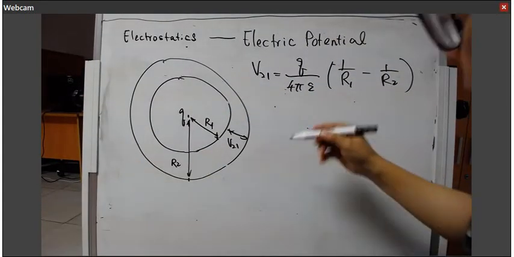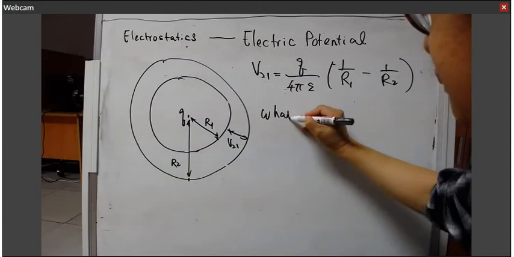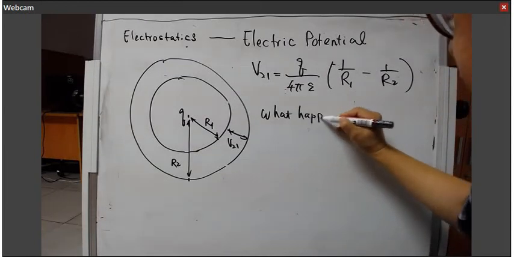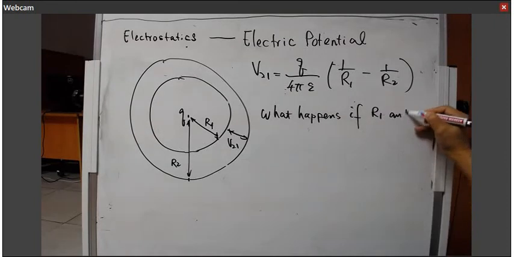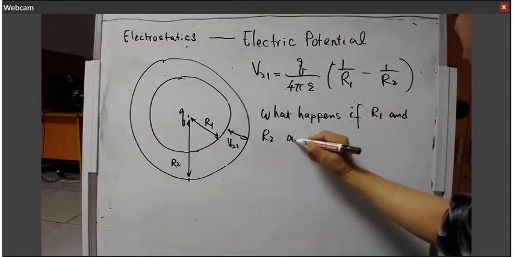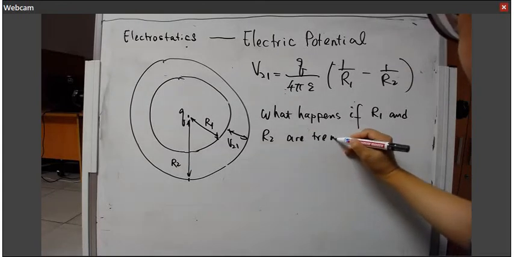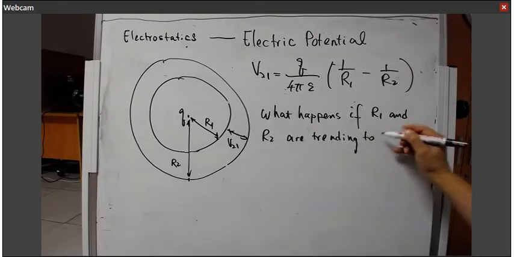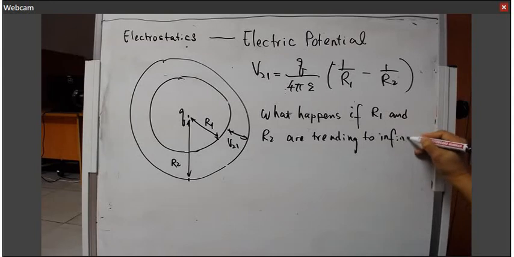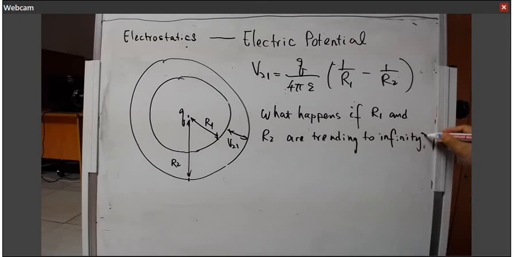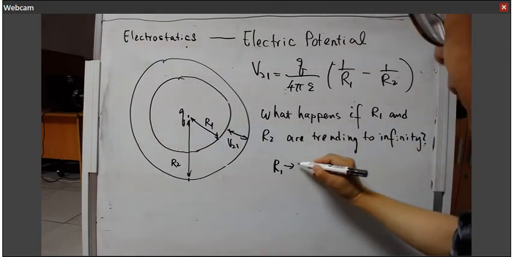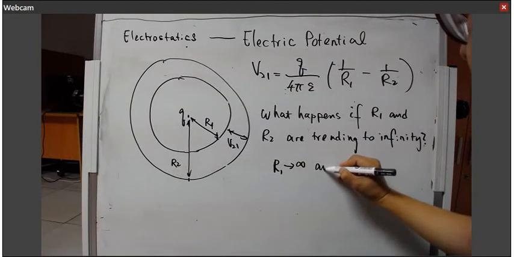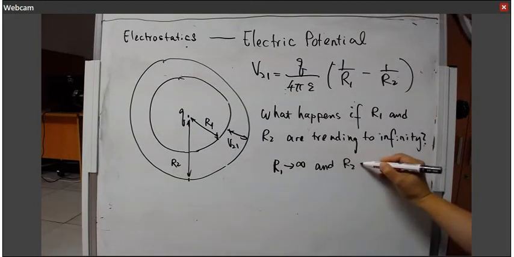What happens if R1 and R2 are both tending to infinity? What happens? R1 is tending to infinity and R2 behaves in the same manner.